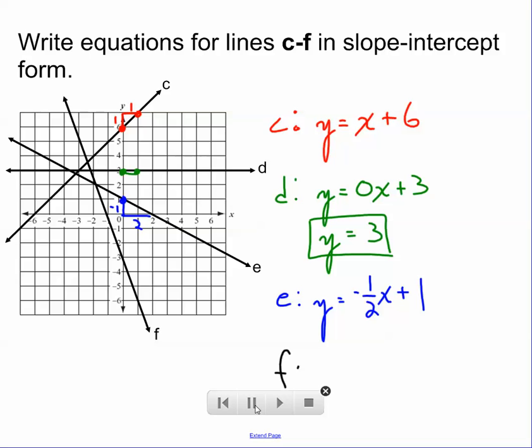And for F, see it's got a slope of negative 3 over 1. So negative 3 over 1 is just negative 3. And it intersects the y-axis at negative 3, so minus 3. Don't put plus negative 3, just put minus 3. So negative 3 is its slope, negative 3 is its y-intercept, negative 3x minus 3.